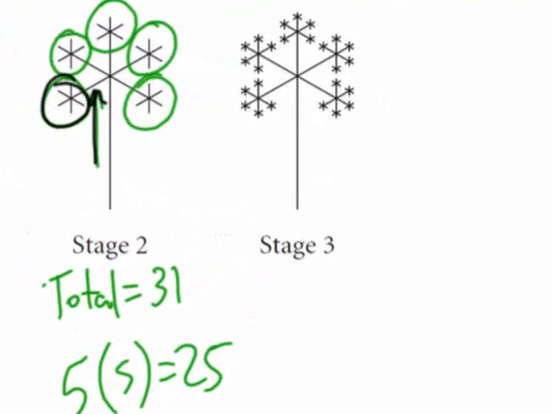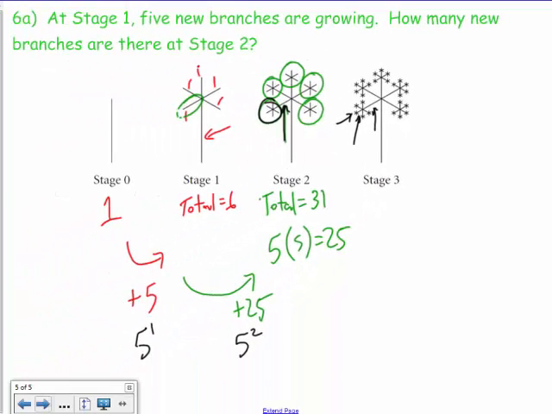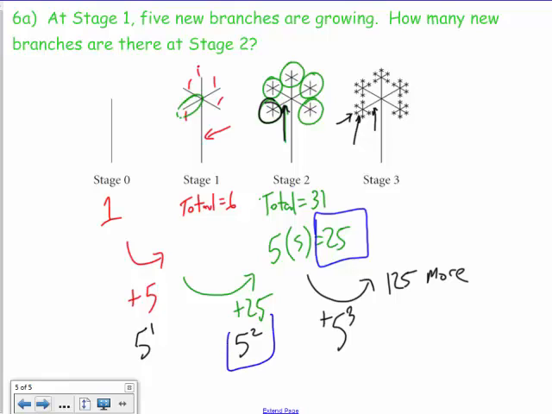And now we're going to have 5 big sticks with 5 little sticks with even 5 more smaller sticks. So we're going to go up 5 to the third power, which is 125 more in that case. But really it was asking how many new branches are there in stage 2? Well, there were 25 new branches, or I could have written it as 5 to the second.